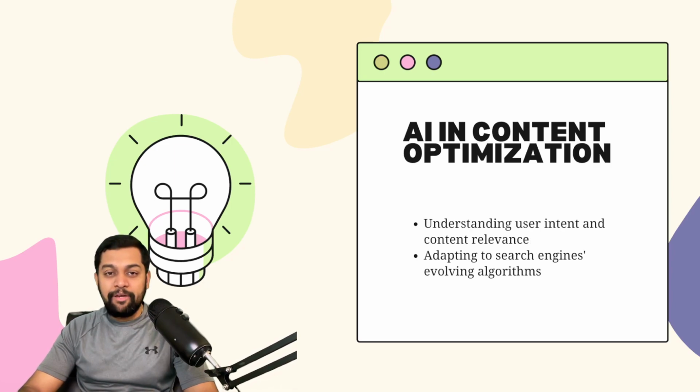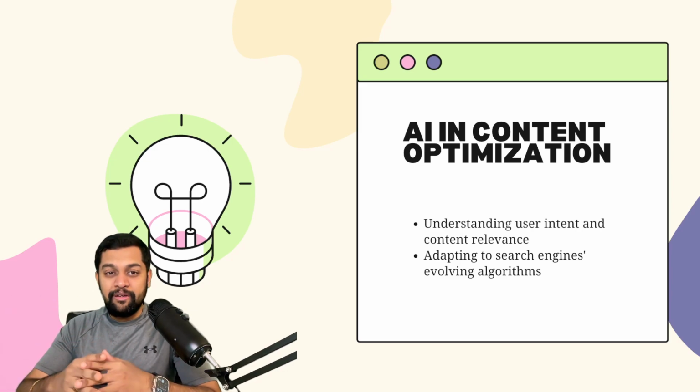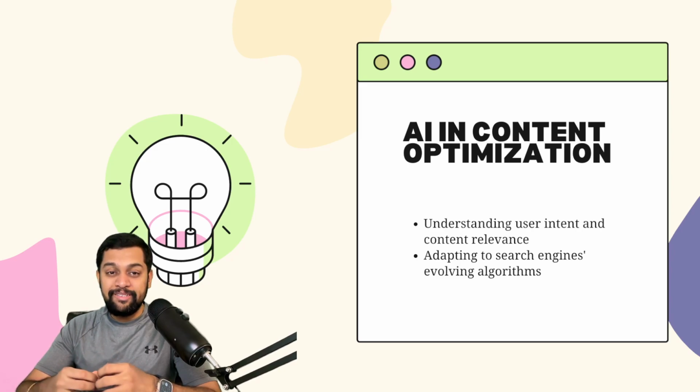Of course, AI can be helpful in content optimization, and I mentioned tools like Yoast and Rank Math. Basically, what these tools do is they understand the user intent or the content intent, and then how do you align that with the article that you're about to publish, right? It can also help you adapt to search engines' ever-evolving algorithms.